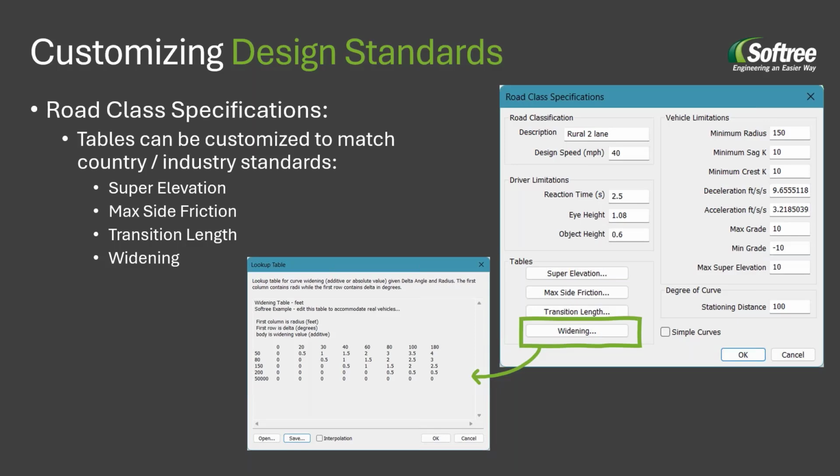These are like lookup tables essentially for super elevation, max side friction, transition length, and widening. And you can update these to your country or industry standards. And then there's a lot of folks, because depending on where you are, we work off of AASHTO standards by default, leveraging just the defaults available in the software. So if you'd like to learn to customize them, this is your topic. With that, we're going back to Matt.